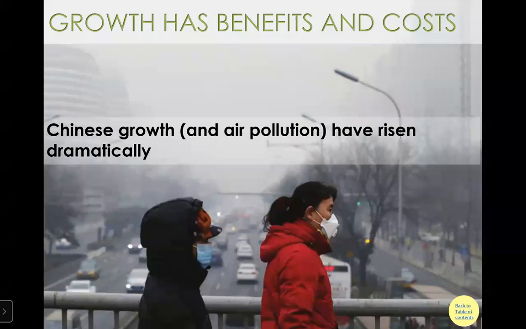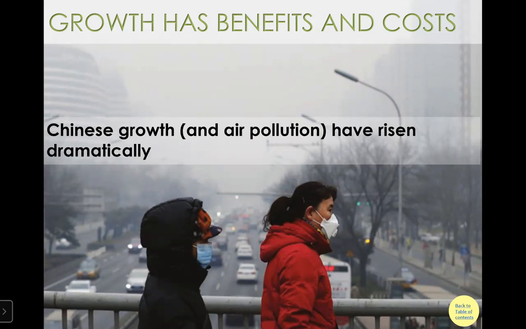Now, first one, growth. What is economic growth? Economic growth, first of all, has benefits and costs. We always use China as an example because during the past 30 or 40 years, the Chinese economy experienced rapid expansion, so they have significant growth experience.